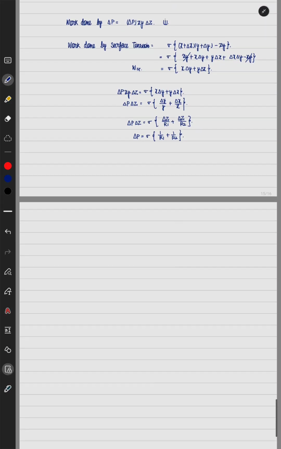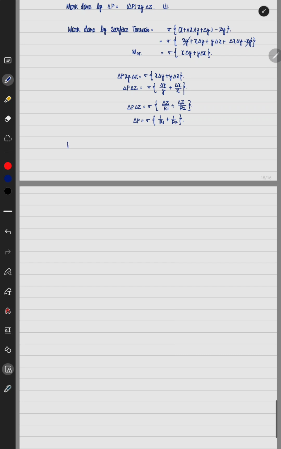Okay, for spherical drops or droplets, r1 is equal to r2. This implies that r1 is equal to r2 is equal to r. This implies that delta p is equal to 2 sigma by r.